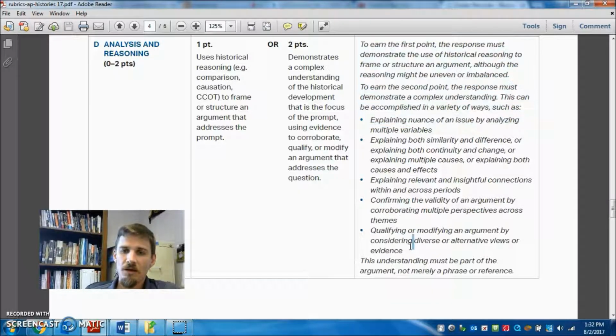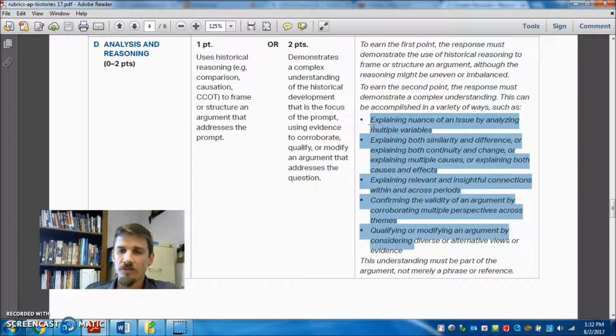Okay, and I would say it's important to look over this section I just highlighted, pay attention to that and maybe commit it to memory, so that regardless of what question comes up, you know there are a variety of ways you can go about trying to get both of these points. Of course, what's going to set you apart in this particular test is the writing piece.